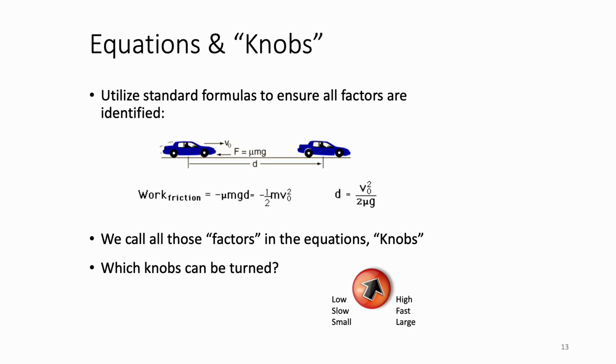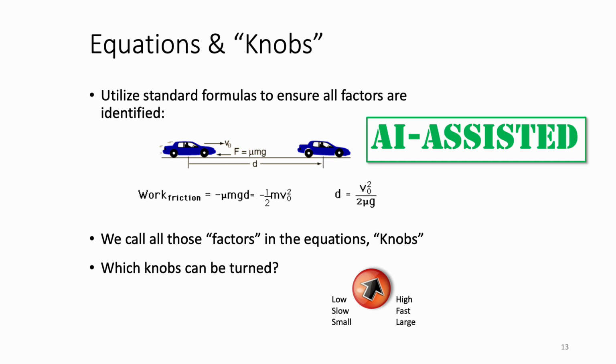So as far as equations and knobs for this rear-end collisions problem, we can go back to a basic physics textbook and get some formulas that show what factors are part of those formulas, and those will be part of the equation, and we'll call them knobs.